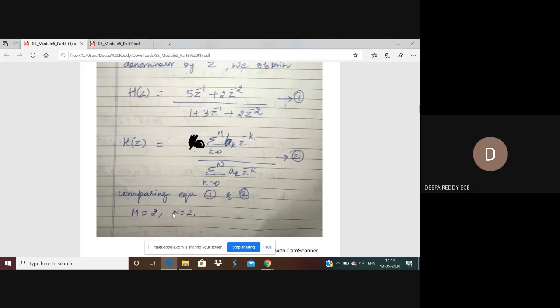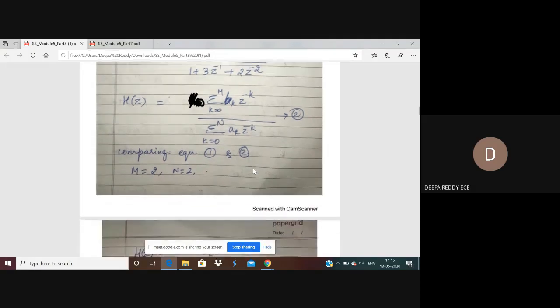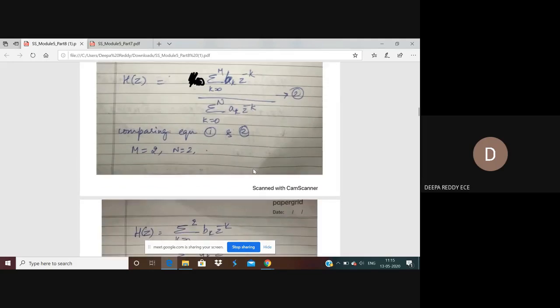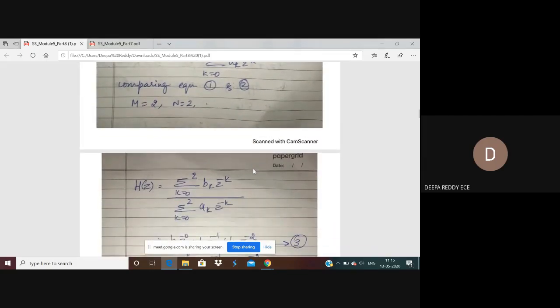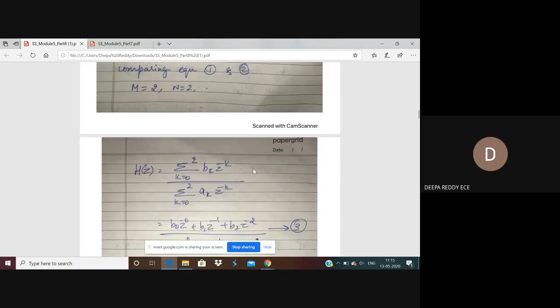So m is equal to 2 and n is equal to 2, because when n is 2, you get z to the power of minus 2. That is on comparing with the standard equation. Now we can rewrite the given H(z) as summation k equals 0 to 2 of bk z to the power of minus k, over summation 0 to 2 of ak z to the power of minus k, where ak and bk are their respective coefficients.